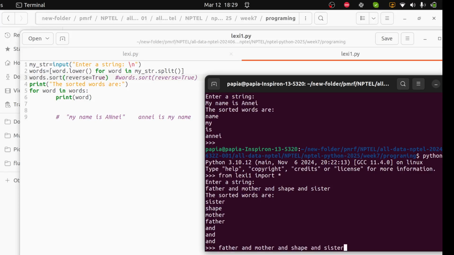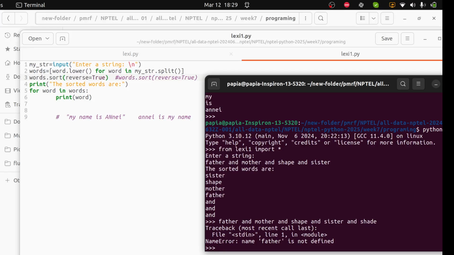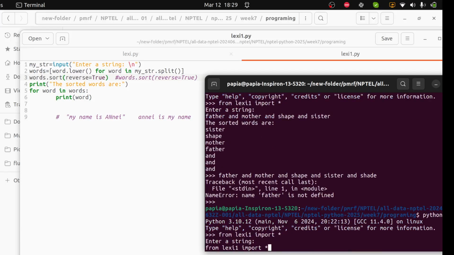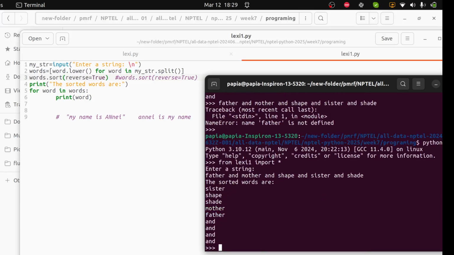Now let's say I have another one, and "said" is also there. So now you can see sister is coming first, then shape, then said, then mother, father, and. So this type of thing is there.